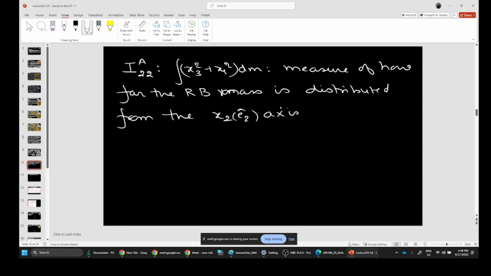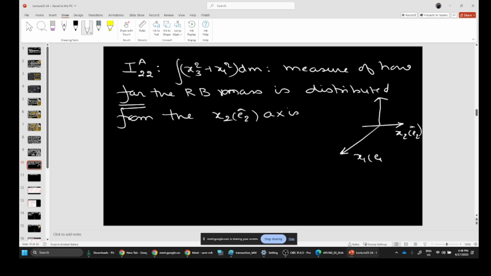Similarly, IA33, I'm sure you can make a sentence if I ask you to, and if you yourself have this curiosity. And when I say how far, I am repeating, I only mean in this way. So if x2 e2 axis is this, I mean far in this direction and in this direction.